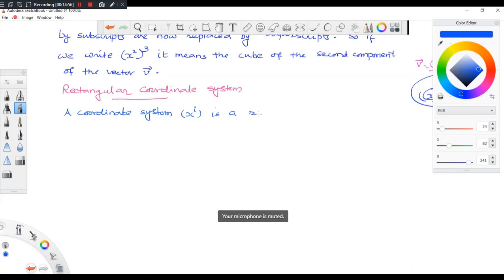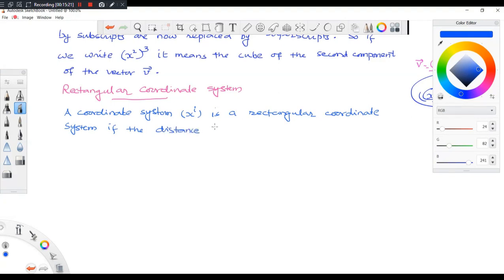Okay, so this is a rectangular coordinate system, if the distance between 2 points, first let me take the point P, so I call it as x1, x2, etc., xn.